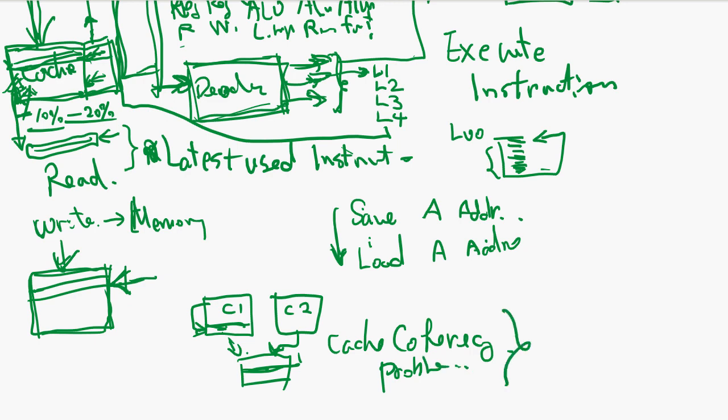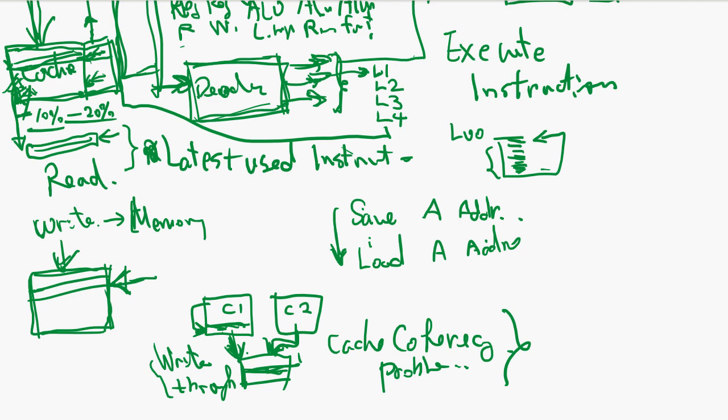Now, one way to solve it is when you write, you immediately write it back to memory. It's called write through cache. Write through means whenever you update the cache, it also updates the memory so that the other guy can come and get the most updated data. So that's write through, one way to do it.